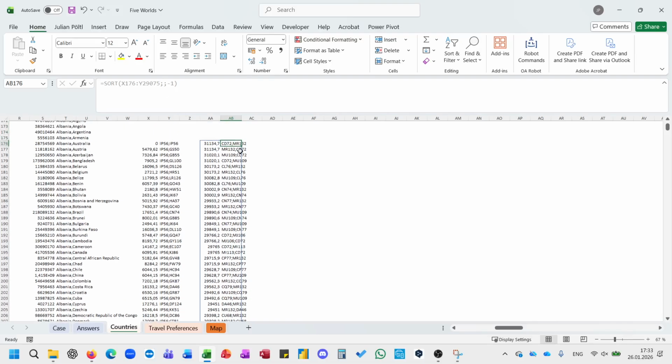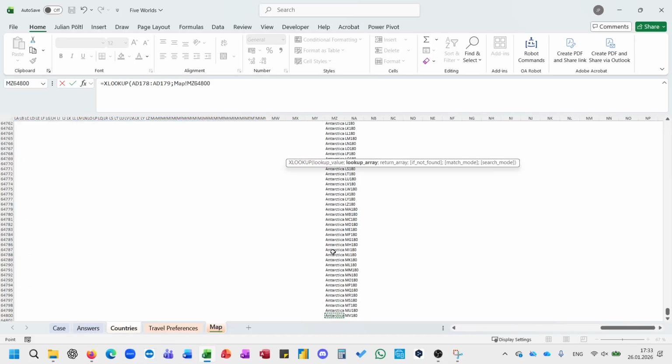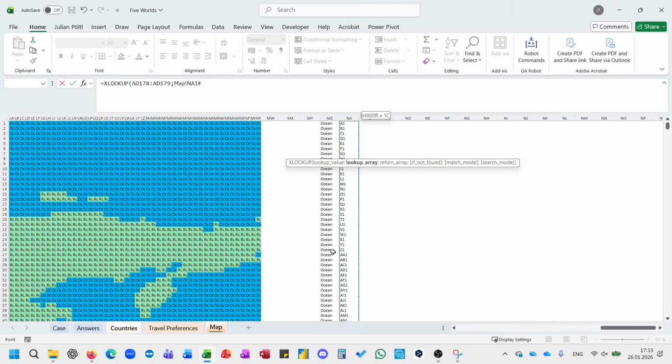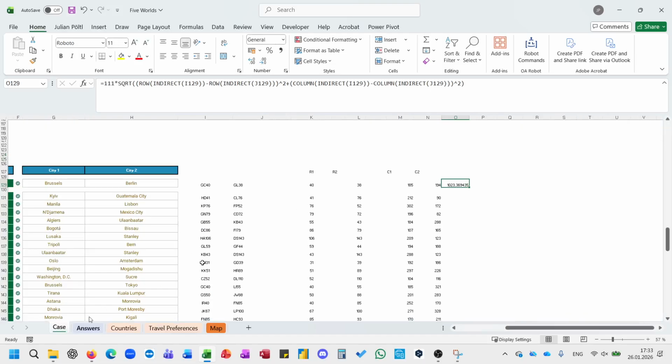And we actually have here CD72 and MR132 as our references for the capitals. And we are returning this here, Mexico City and Wellington.